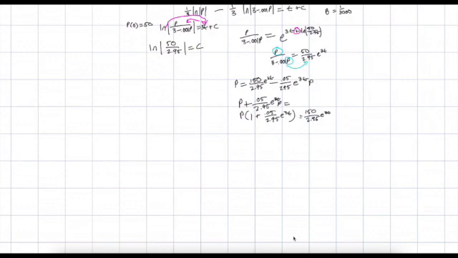Now when I divide that over, I get p equals 150 e to the 3t over 2.95, all divided by, now I'm just going to rewrite this a little to make it a bit easier to simplify. So I'll get 2.95 plus 0.05 e to the 3t over 2.95. Now this will clean up very nicely. So I get p equals 150 e to the 3t over 2.95 plus 0.05 e to the 3t.